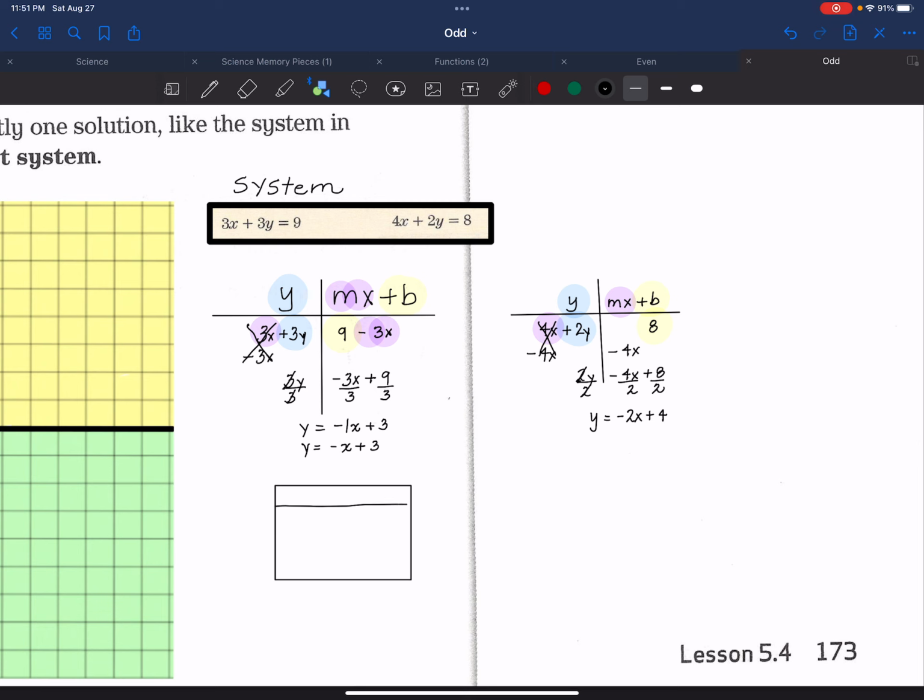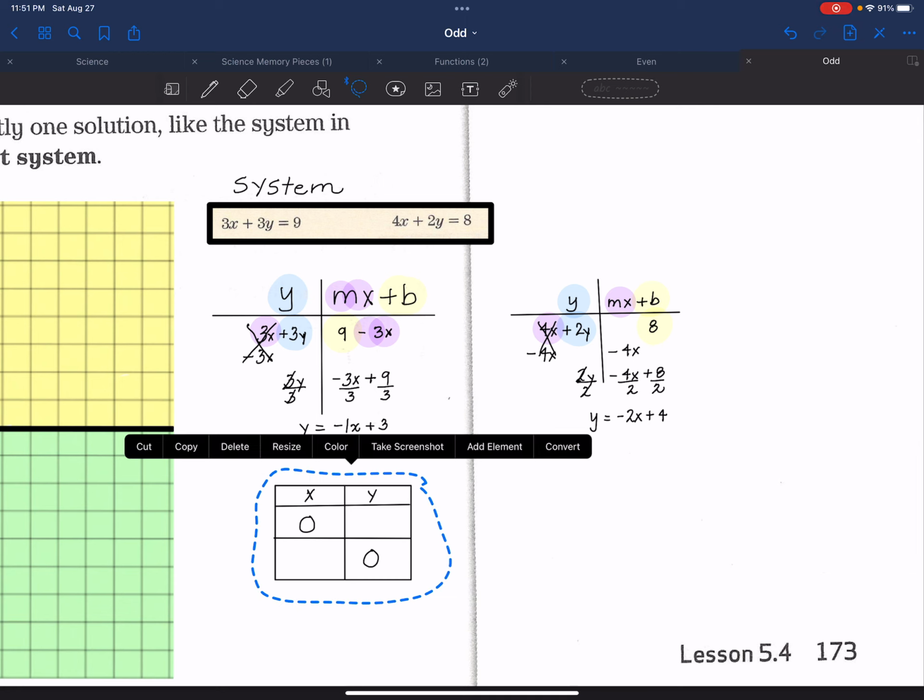I'm going to use a header row and then 2 coordinates. So we've got x and y. And I'm going to use the intercepts. I'm going to use 0 and 0. And then let's see what we get for the other pieces of the puzzle.